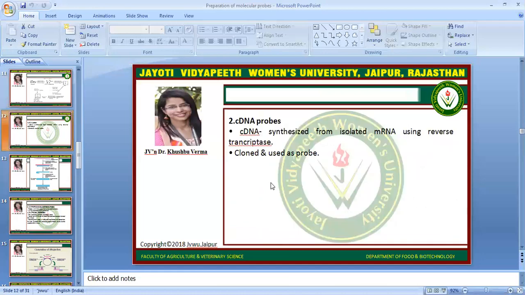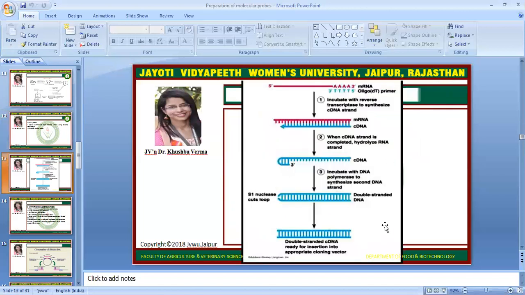Now we will go for the cDNA probe. cDNA is synthesized from isolated messenger RNA using reverse transcriptase. Then we go for cloning and use it as a probe. Here we can see the flow diagram. This is messenger RNA. First of all, an oligo dT primer will anneal and be incubated with reverse transcriptase to synthesize the cDNA strand.